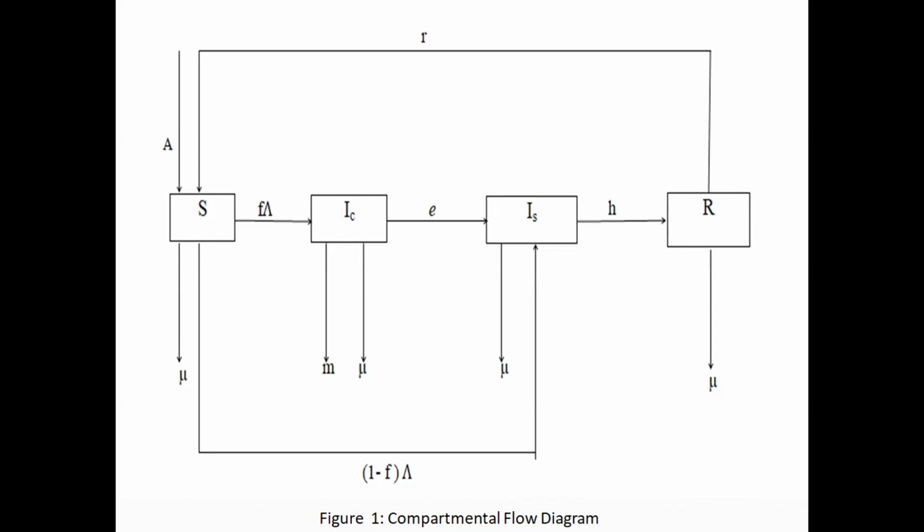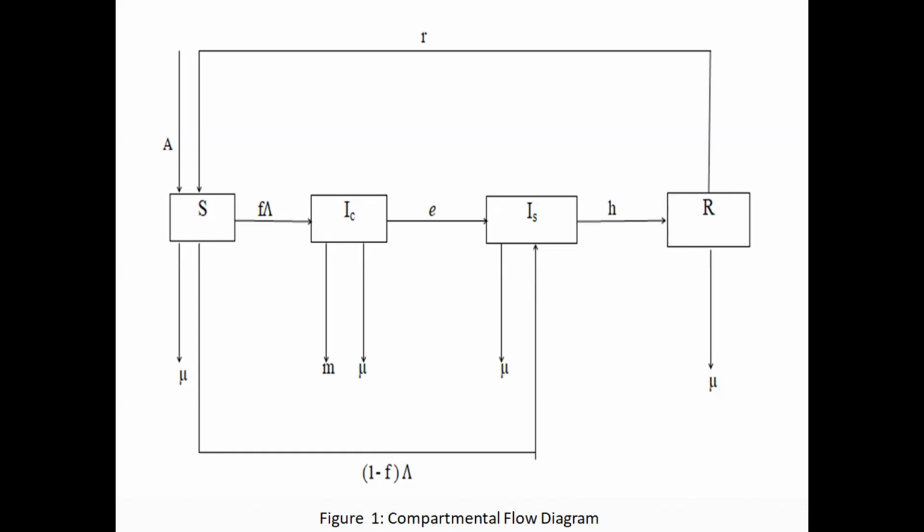The A pointing towards the S is the recruitment rate, either by purchase of dairy eggs or by immigration. Then F is the proportion of individuals moving from susceptible to clinically infected. The E pointing toward I-S is the rate at which the clinically infected individual becomes subclinical. H is the recovery rate.